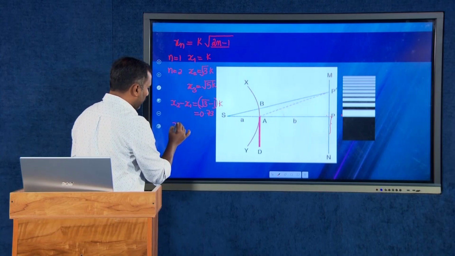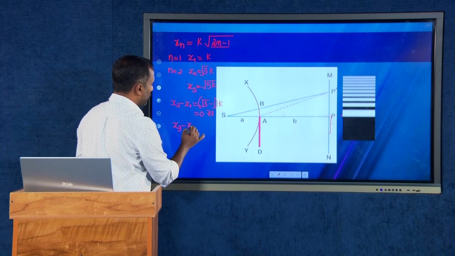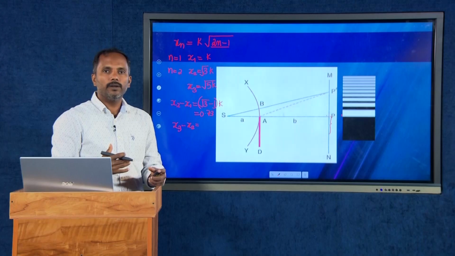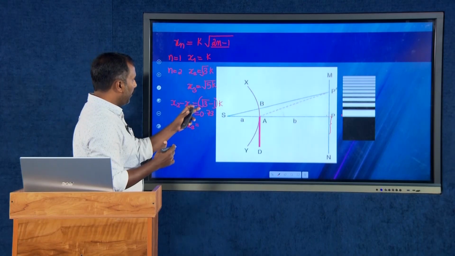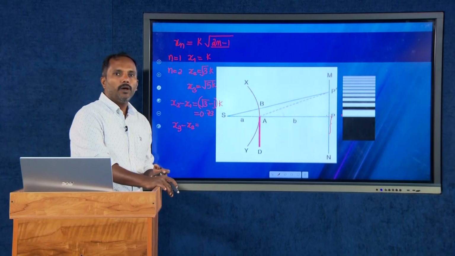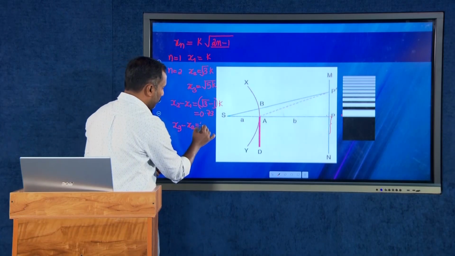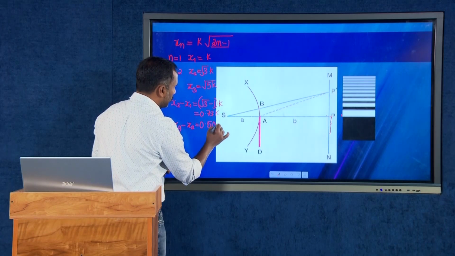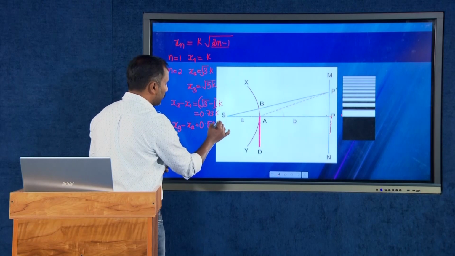If I am taking x3 minus x2, let us see what is the width over here. So that will be (root 5 minus root 3) k, that will be 0.50 k.